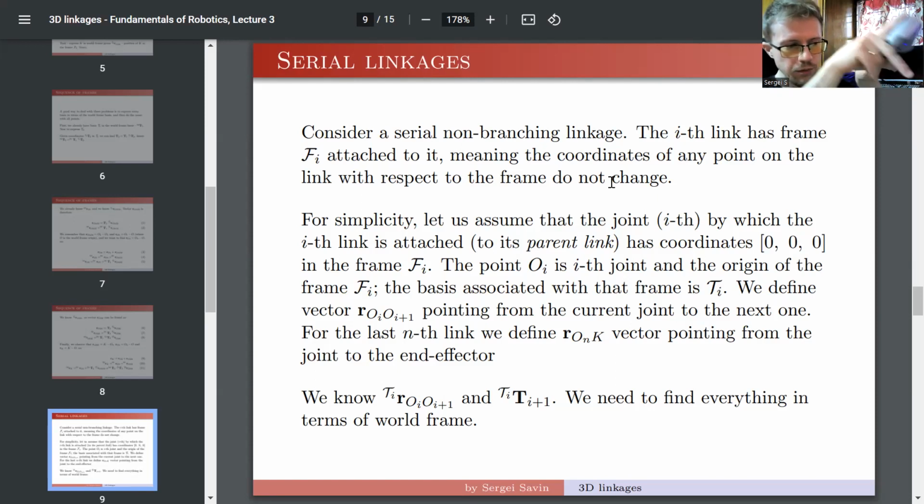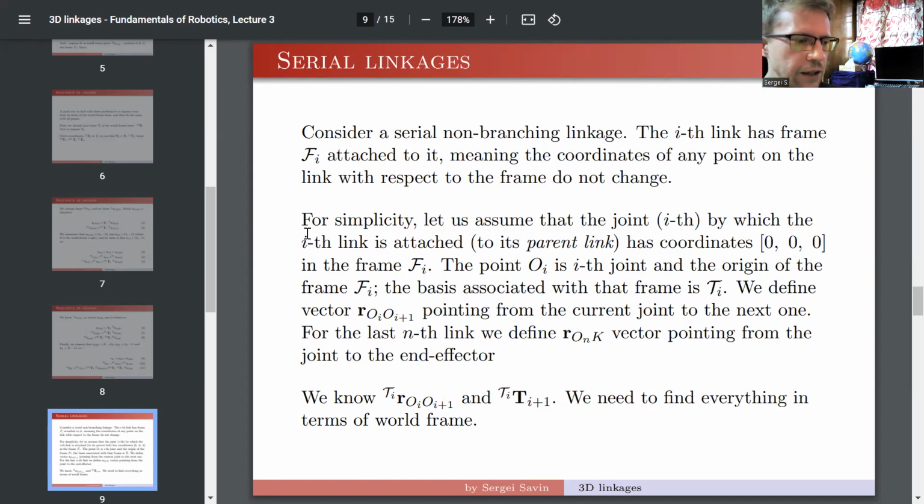So attaching a frame to a link implies that no matter how the mechanism moves, no matter how the link moves, if some point was on the link, its coordinates are not going to change with respect to this frame. And the coordinates of a point with respect to a frame, remember, is the distance from the origin to the point, expressed in local coordinates, so in the basis. This makes sense, right?